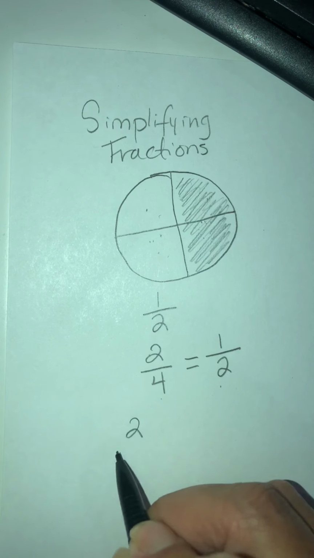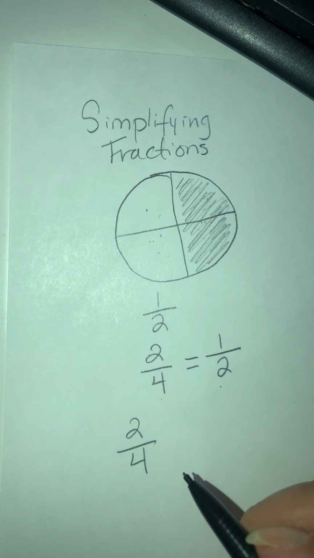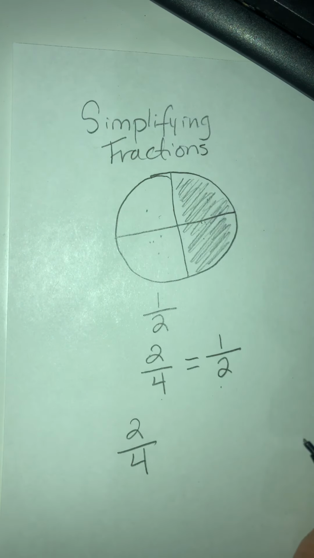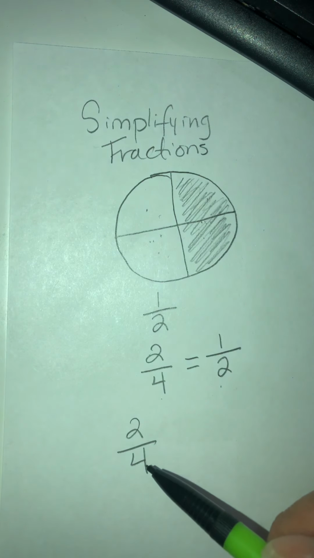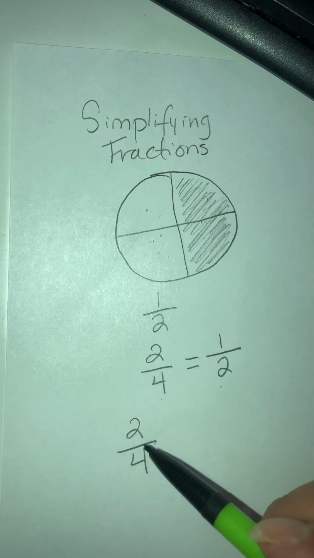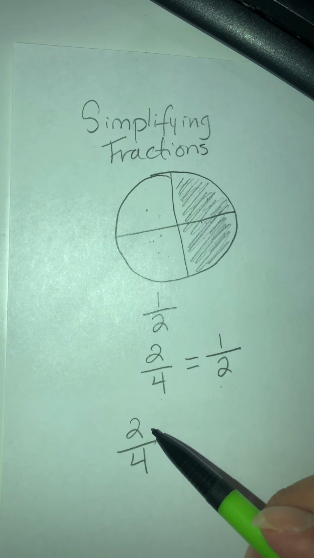So when you have a fraction, and you've finished and that's your answer to your problem, and you've got to put it in simplest form, the first thing you want to do is to look at the numerator and the denominator and see if there is a number that will divide into both of those numbers evenly.